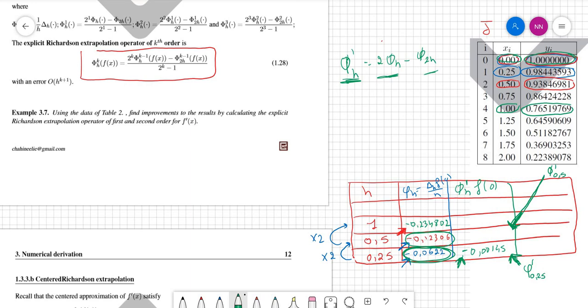So it will be 2 times minus 0.12306 minus 0.234802, and it will give minus 0.01131, etc.